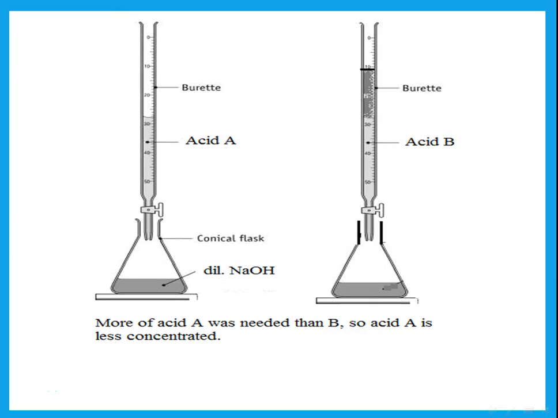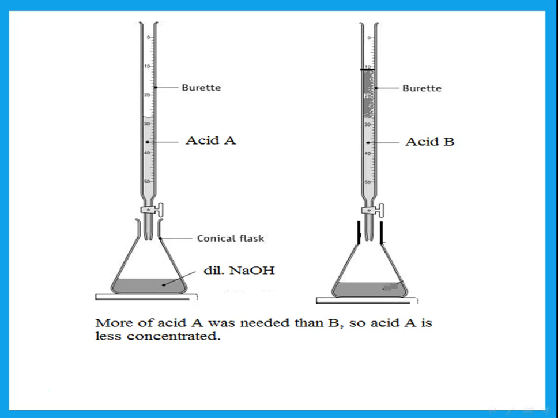Okay? But in another kind of experiment, he could put two different acids in the burette, and the solution in the flask is the same. So if I put two different acids, once I do it with acid A in the burette and once I do it with acid B in the burette, and I'm using it to neutralize the same solution of sodium hydroxide, the same solution of sodium hydroxide.